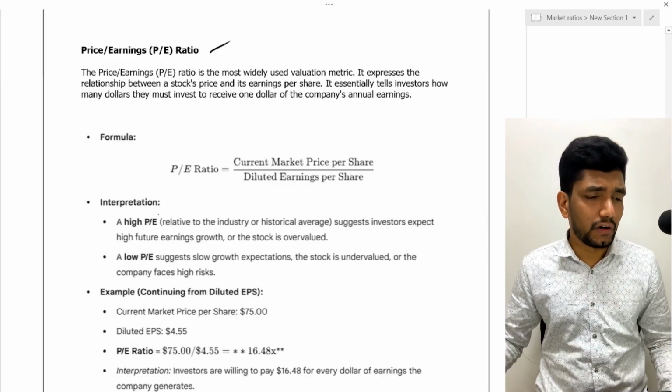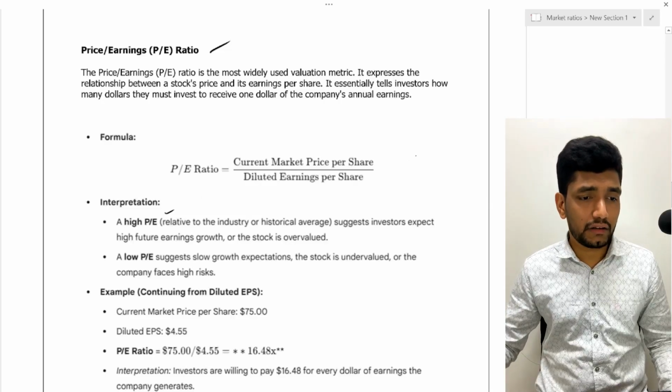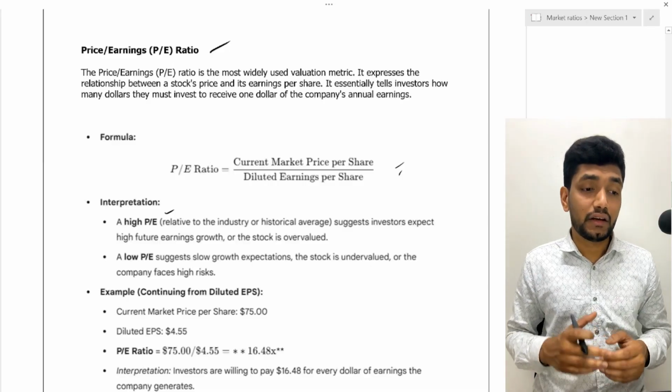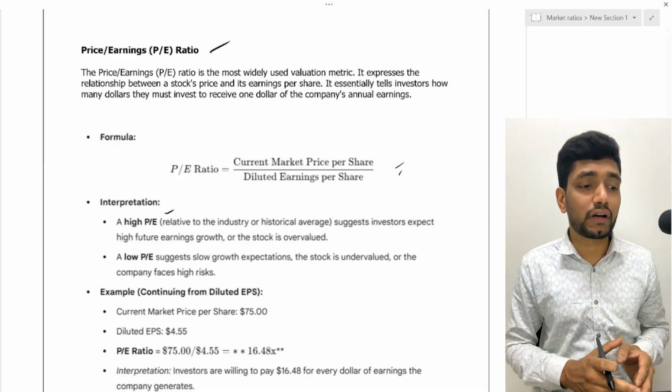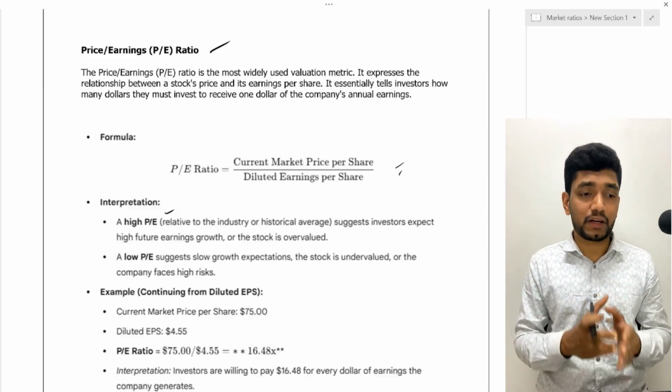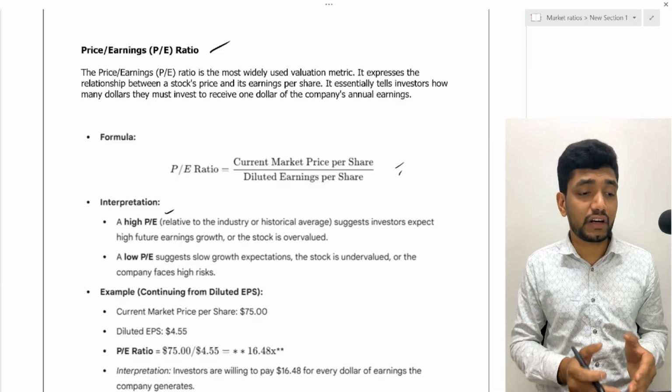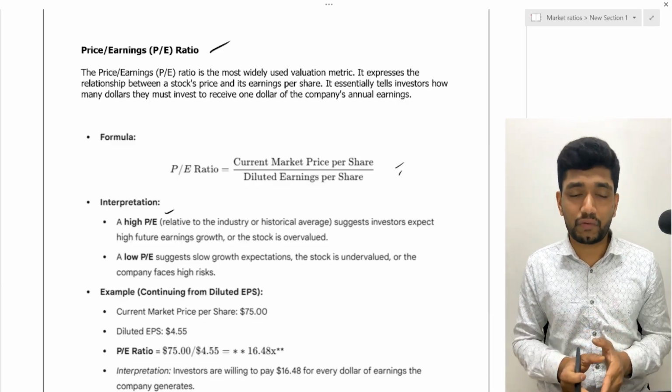Normally, a higher P/E ratio means the market price of a stock is higher and the earning per share is lower. It suggests that investors expect high future earning growth or the stock is overvalued.